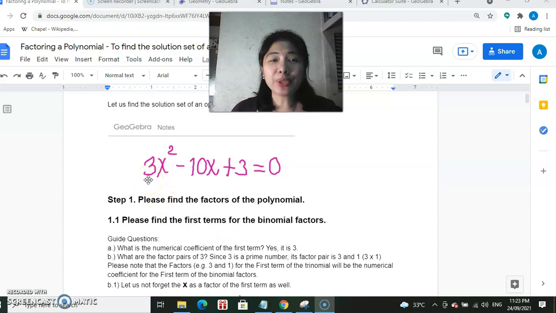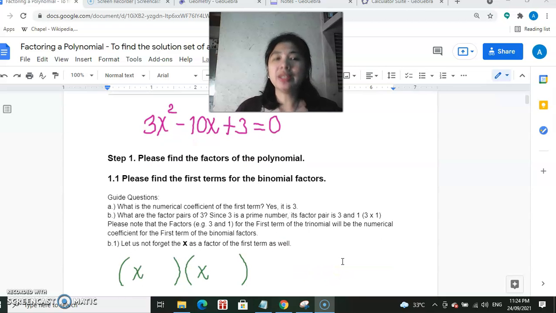And what are the factors of 3? Being a prime number, the factors of 3 are 3 and 1. Please note that the factors 3 and 1 for the first term of the trinomial will be the numerical coefficient for the first term of the binomial factors. Okay, let's park that thought.